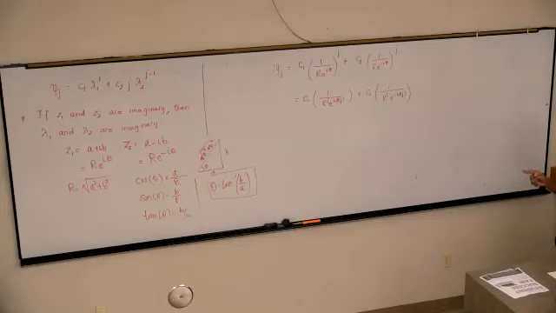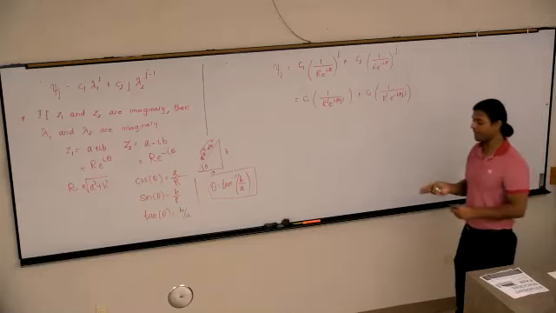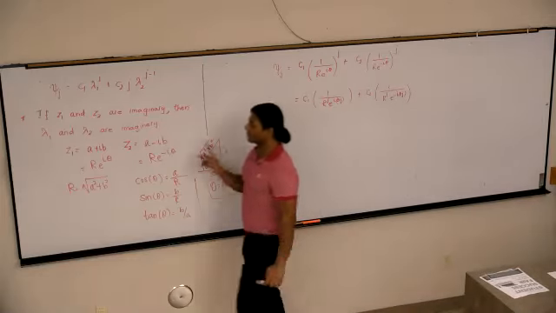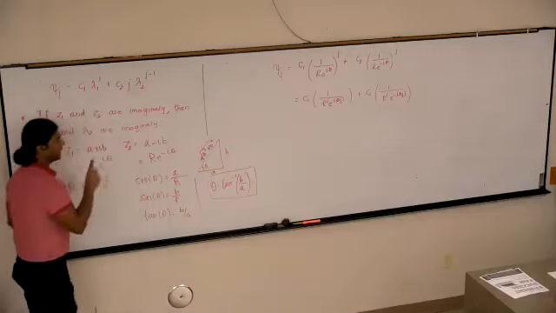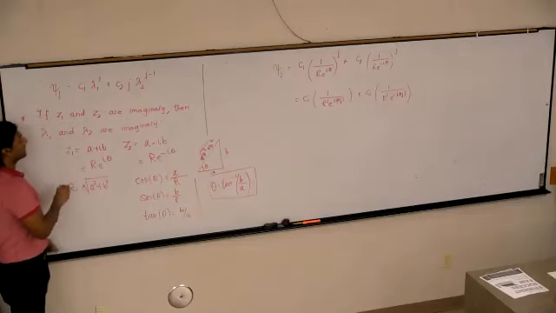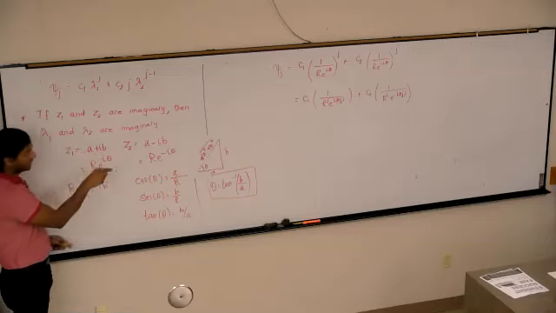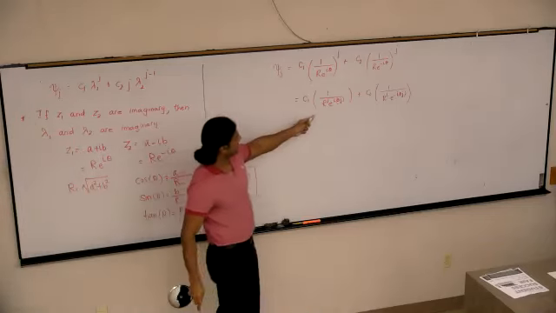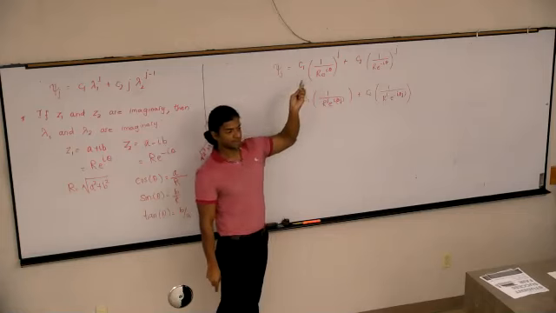Good. Mind you, I'm using the roots Z1 and Z2. Had I written 1 over lambda 1, excuse me, 1 over Z1, called it as lambda 1, express lambda 1 as A plus IB, lambda 2 as A minus IB, this R raised J would be in the numerator.